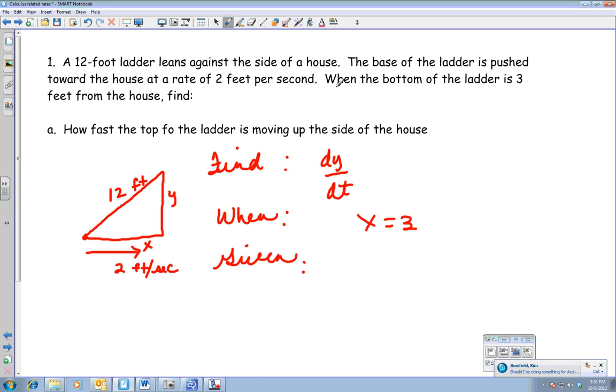The base of the ladder is pushed toward the house at a rate of 2 feet per second. So my x is changing 2 feet per second. And do you see that it's being pushed towards the house? So this is getting smaller and smaller. So it's actually going to be a negative 2 feet per second. So given dx dt is negative 2 feet per second.